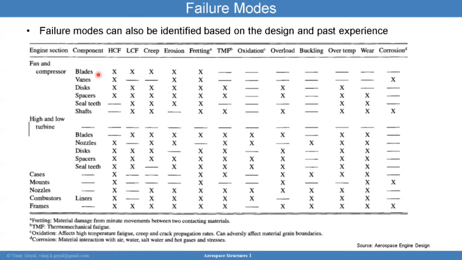For example, you could have blades, and we know blades are rotating at high speeds. Well, if blades are rotating at high speeds, then high cycle fatigue could be a problem, or erosion is a problem. So you can use parts and past experience to drive the understanding of the failure modes that need to be considered in the design process. And I'll cover this in more detail in the future.